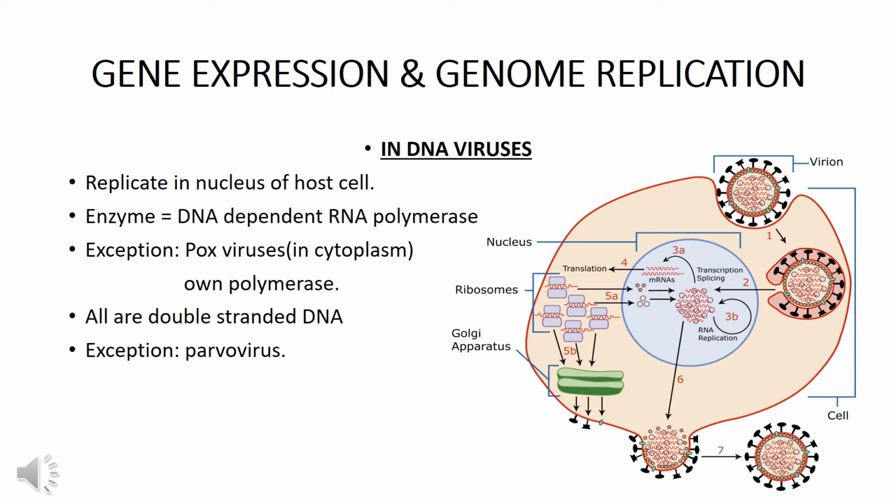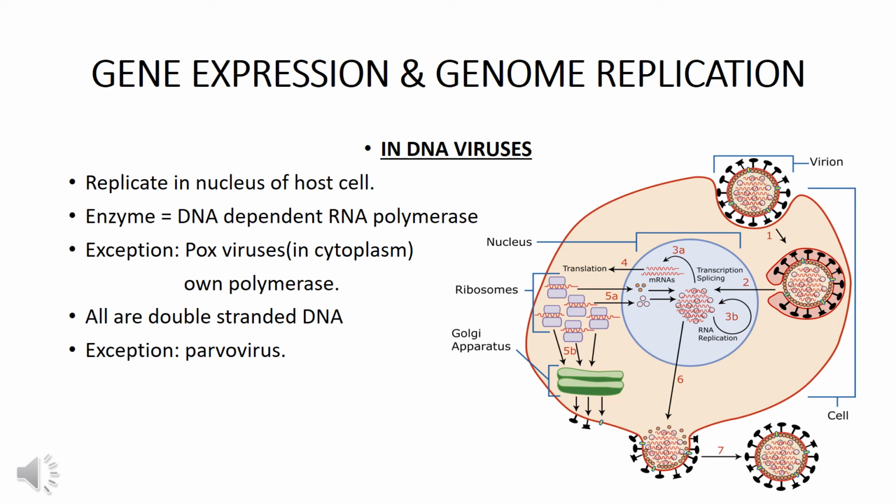Please keep in mind that DNA replication mostly occurs in the nucleus of the host cell, and the replication of RNA viruses occurs in the cytoplasm of the host cell. But there are a few exceptions here. The exception is pox viruses. Pox viruses are DNA viruses, but due to lack of some enzyme, or because they have their own polymerase, their genome divides in the cytoplasm of the cell.